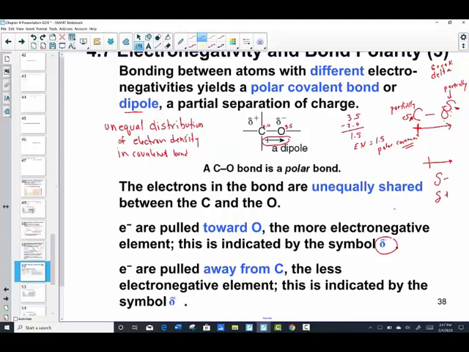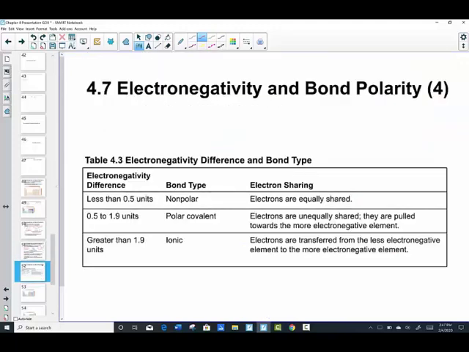And let's put it together in terms of a quantitative value. In the left column, we see an electronegativity difference, which you often see abbreviated as EN. If I subtract two elements that are in a bond together and get less than 0.5 for an electronegativity difference, we're going to call that a non-polar bond, and those electrons are being shared equally.